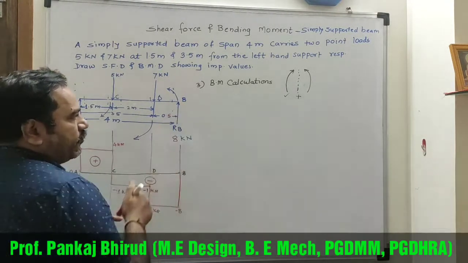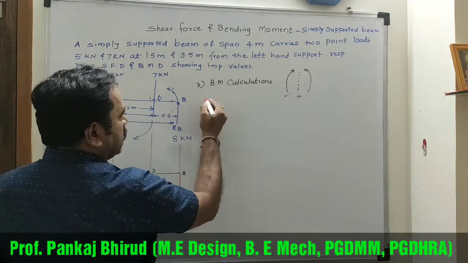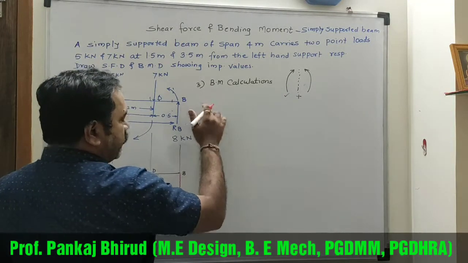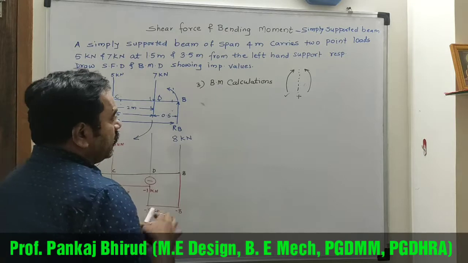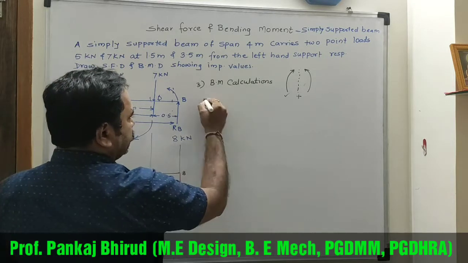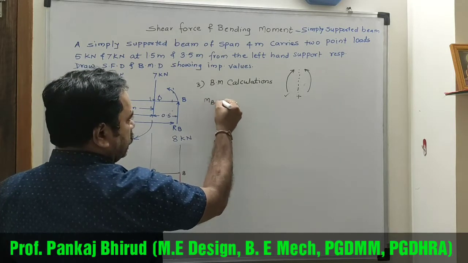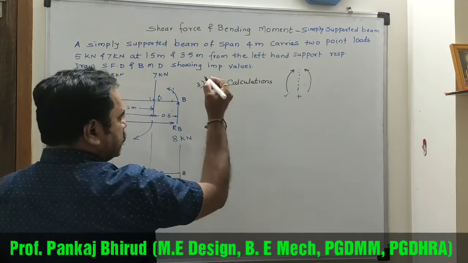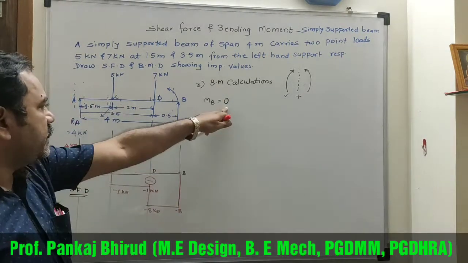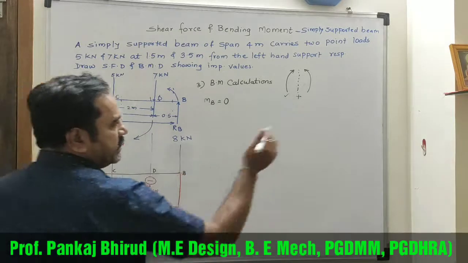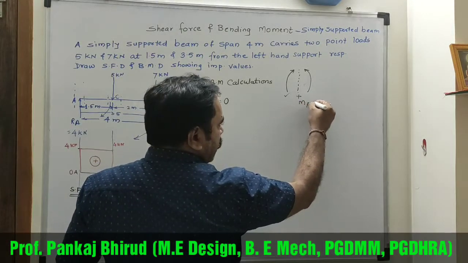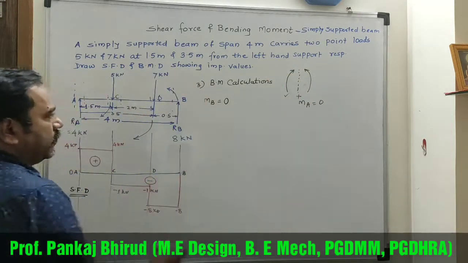Now start from the B point. So moment at point B is always 0. Moment at point B is 0 and moment at point A is also 0. Okay.